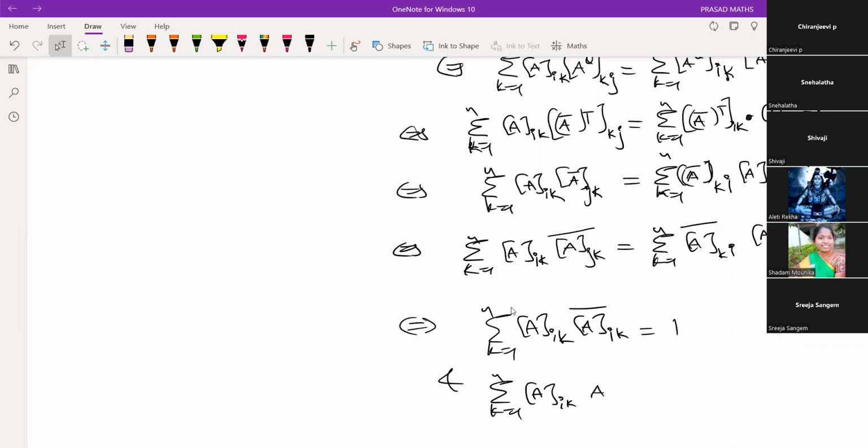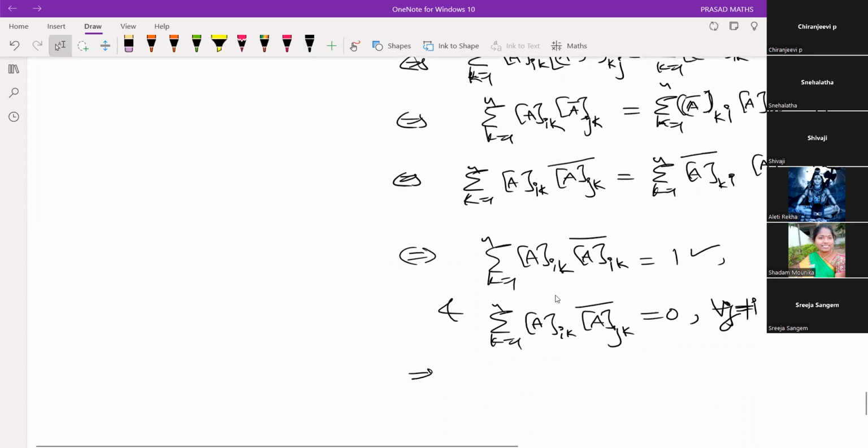The ikth entry of this times the conjugate of the jkth entry is 0 for j not equal to i. Whenever j equals i, this is 1, or else this is 0, using the canonical delta. That is exactly, precisely, summation k equals 1 to n of a into a bar, z into z bar, is equal to mod z square, for every i or for every j.